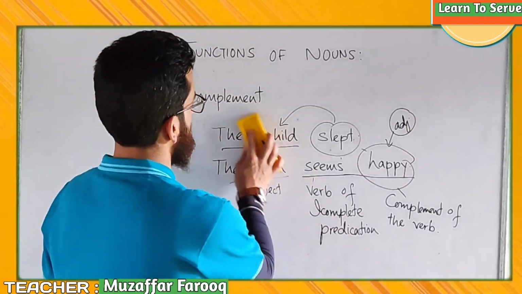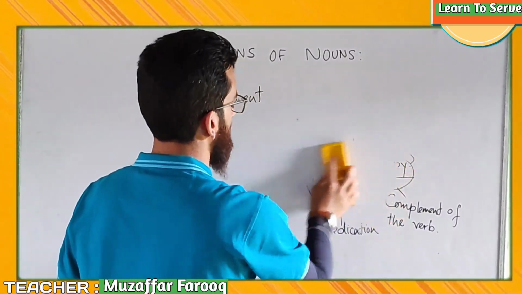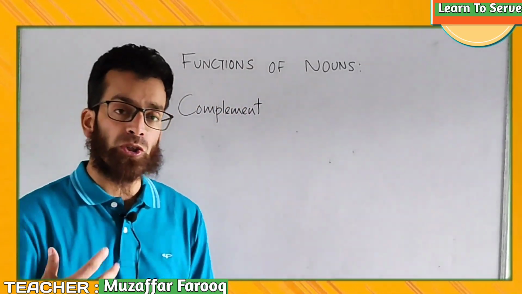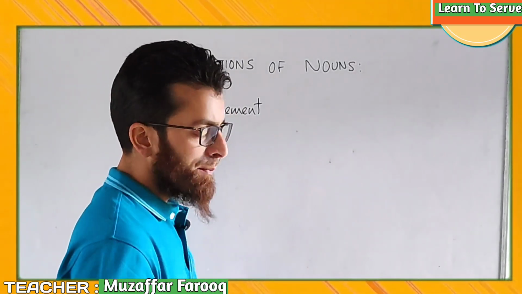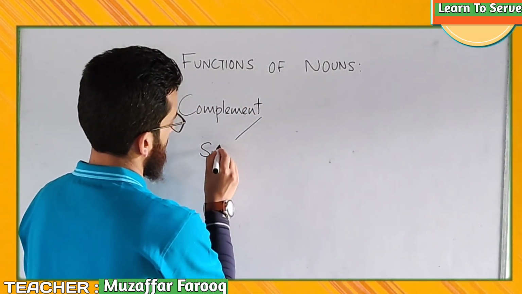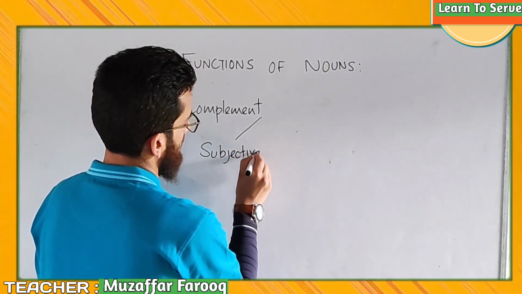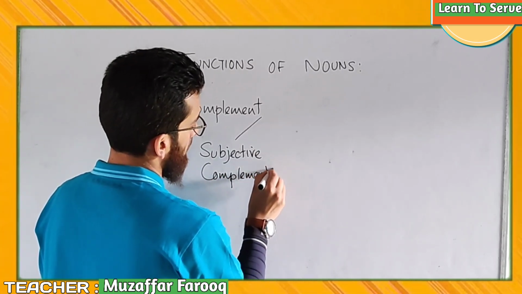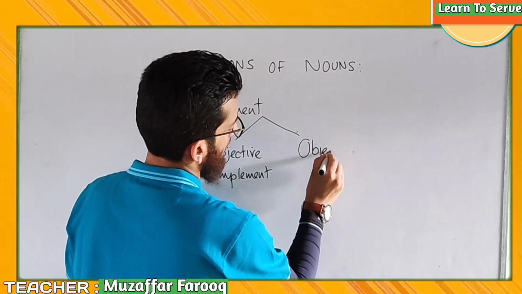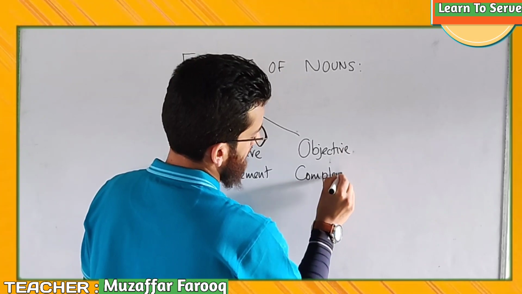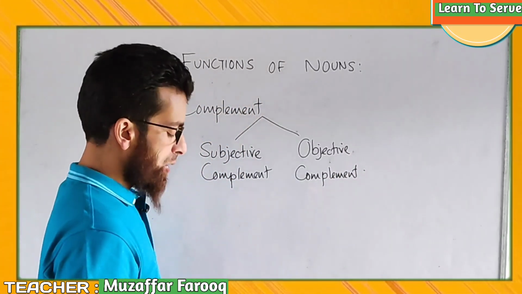Now, what we have said about that, we have to talk about the function of a noun when it functions as a complement. But a noun can function in two ways. Either it can be a subject complement, or it can be an object complement.